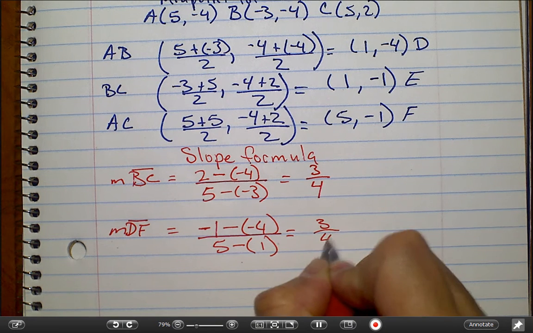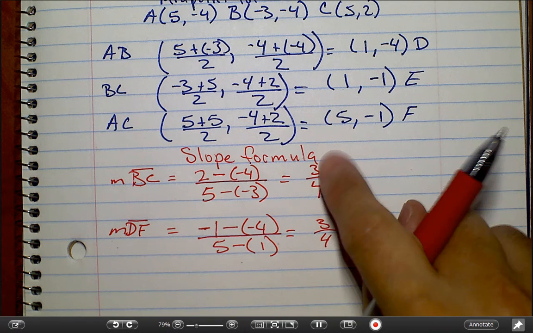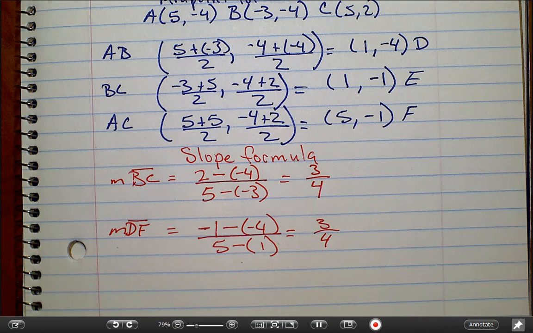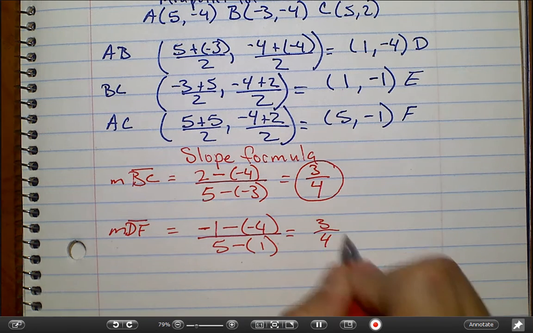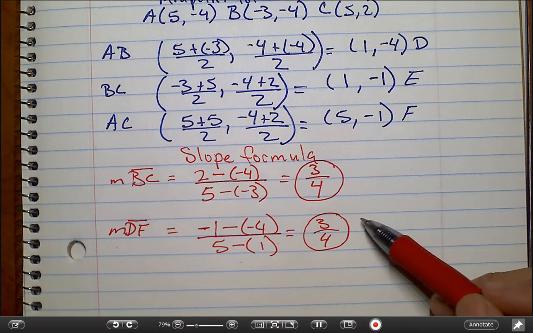3 over 4. Alejandro, I know you're not napping back there, right? Okay. So, right here we get this. If I recall from yesterday, what does that mean? Are they the same? Yes. They are the same.